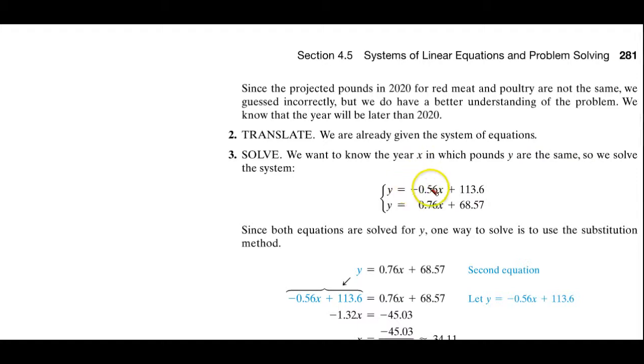Well, the technique you could use here would be, notice that y equals this, y equals that. We could say that y equals y. So we're going to set it up that this section of the equation equals this section of the equation, and that's what they do right there.